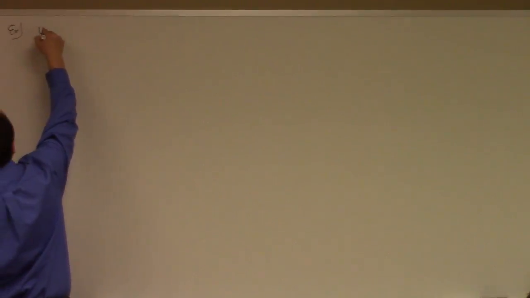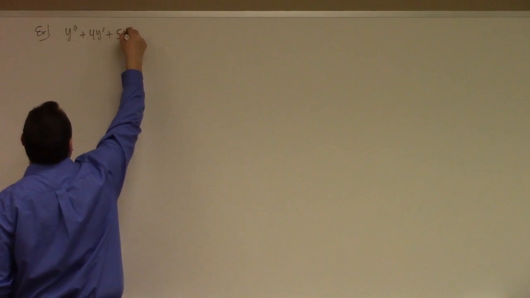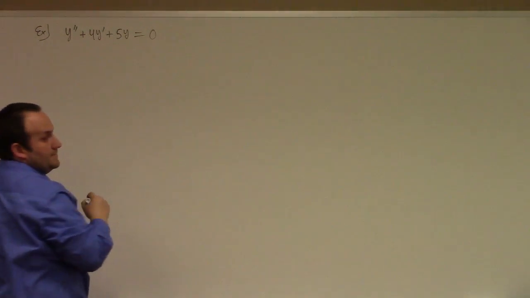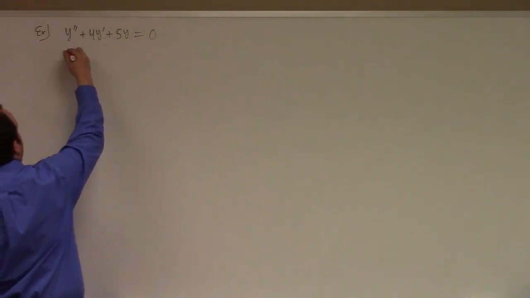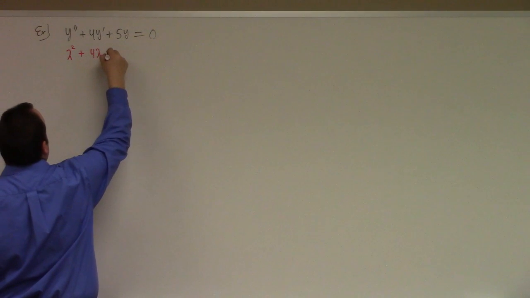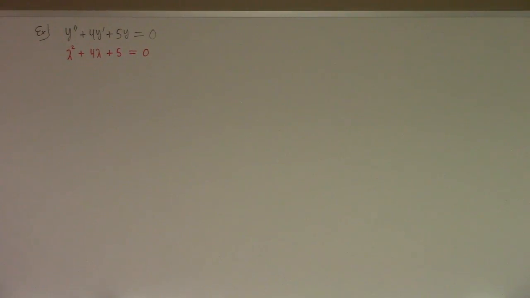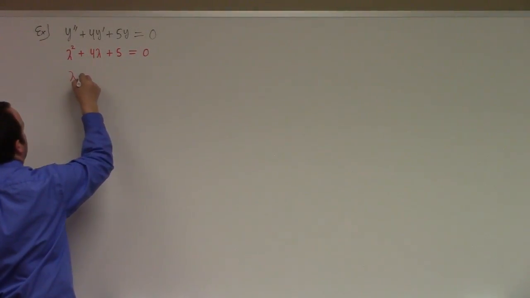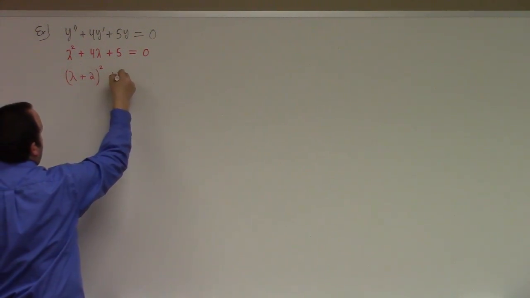So let's see here, an actual example, something like this. y'' plus 4y' plus 5y equals 0. So what we have is a characteristic equation, lambda squared plus 4 lambda plus 5 equals 0. Completing the square is where it's at. We should complete the square. This is lambda plus 2, quantity squared, plus 1.